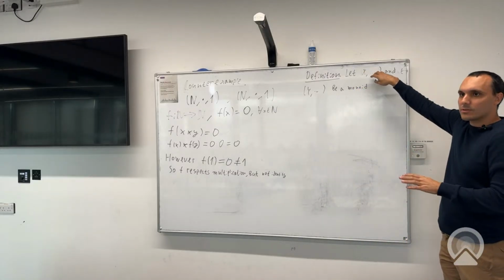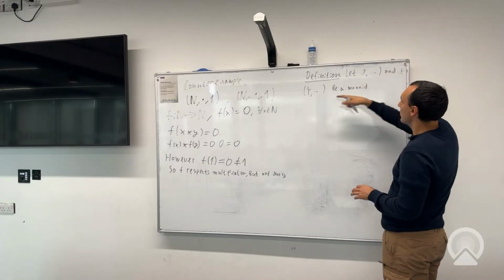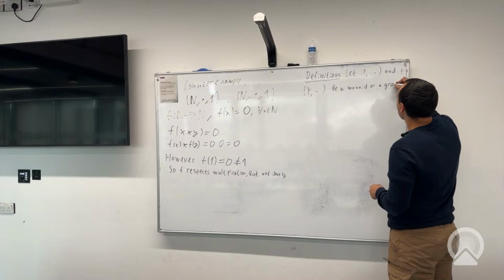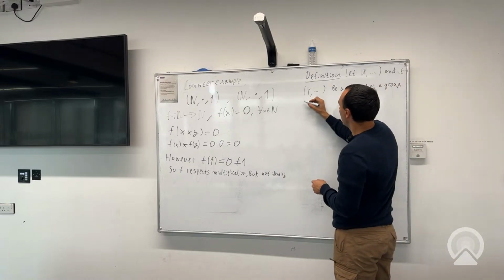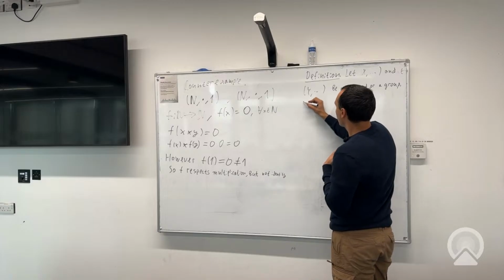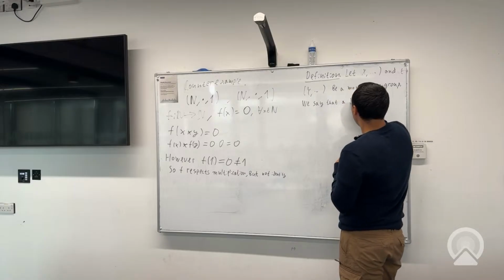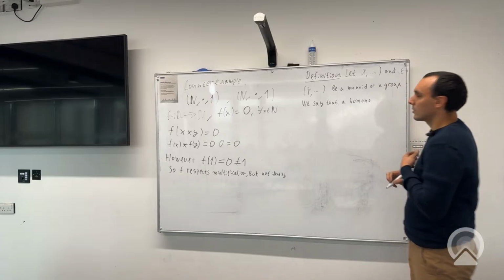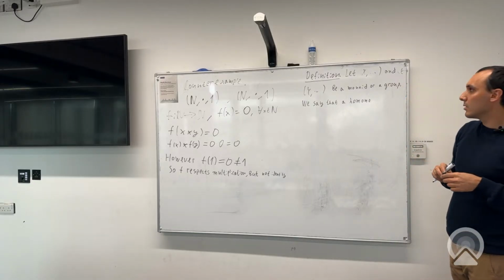That's why I don't write the signature. Both monoids and both groups, or one?